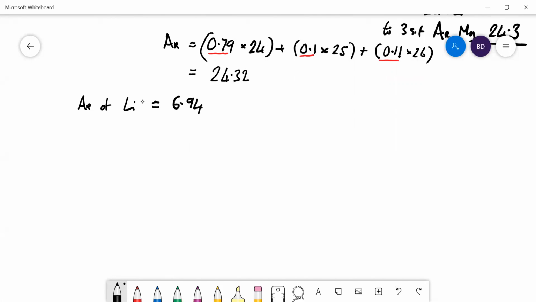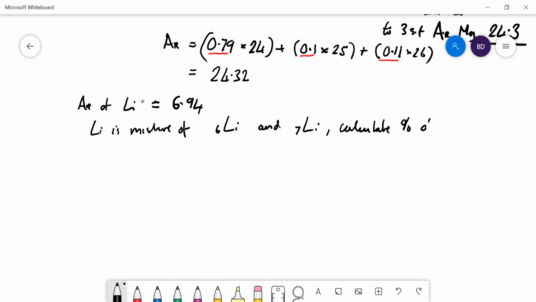Lithium is a mixture of lithium 6 and lithium 7, and you've got to calculate the percentage of each isotope. So we're doing it backwards.